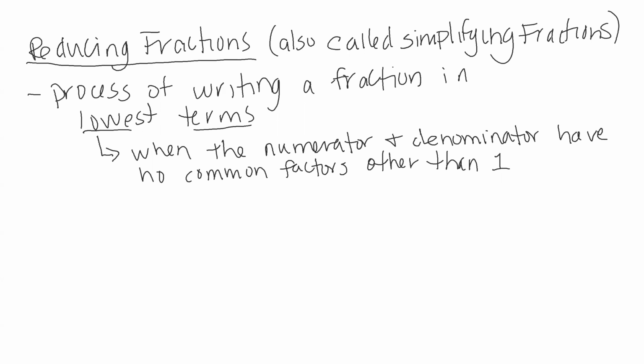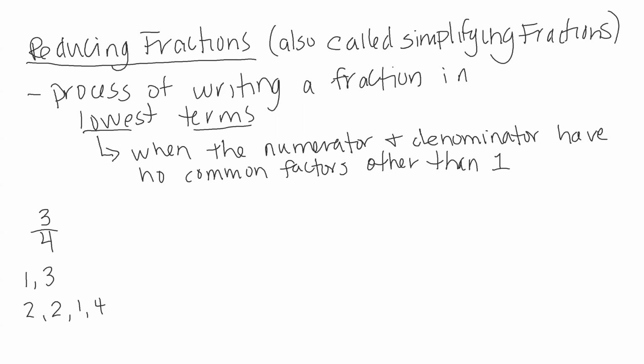So consider the fraction 3/4, okay? Now, factors of 3 would be 1 and 3. And again, you can go back to that third video in the series if you need to kind of review what factors are. Factors of 4 would just be 2 and 2, 1 and 4. Okay, so I can multiply 2 and 2 to get 4.